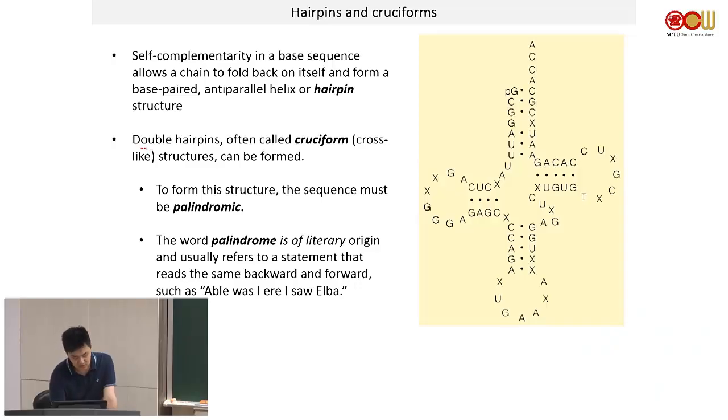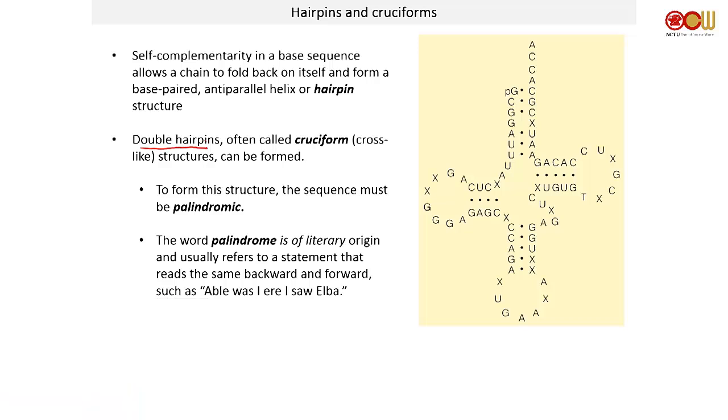Okay. And there's a special type of hairpin called cruciform. This is essentially nothing more than just a double hairpin, okay? And in order for this structure to form, the sequence must be palindromic, okay? And a palindrome is just something that when you read it from the front towards the back, it looks the same as if you were to read it from the back towards the front.